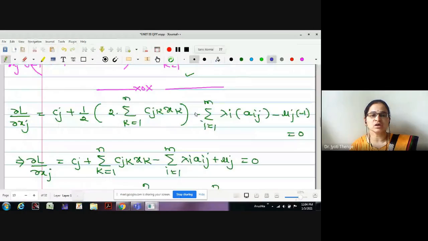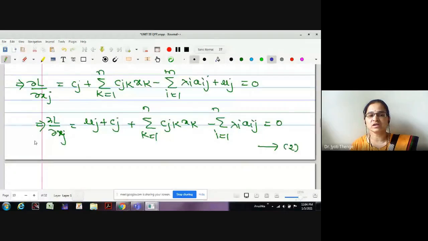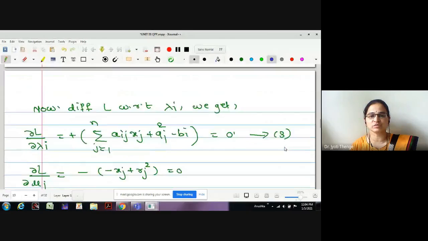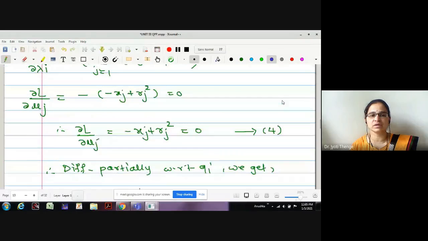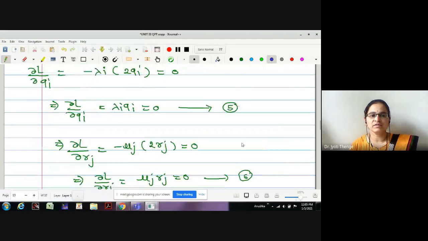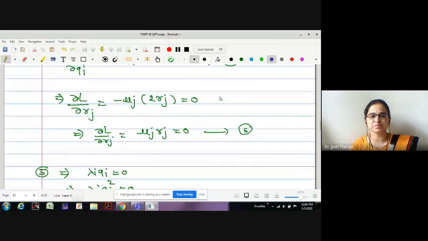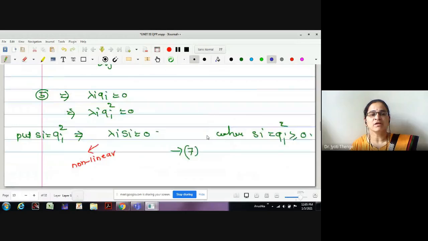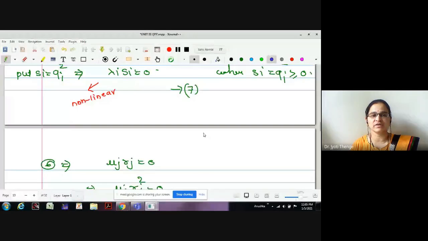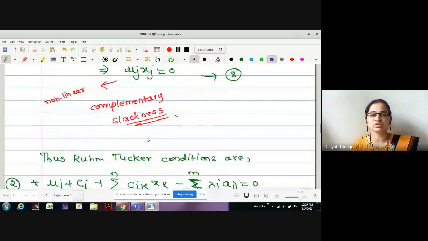The derivative of L with respect to the original variables xj is given by equation number 2, with respect to lambda i by equation 3, with respect to mu j by 4, and with respect to qi and rj by 5 and 6 respectively. Equations 5 and 6 can be further simplified to equations 7 and 8, which are lambda i si equals 0 and mu j xj equals 0.